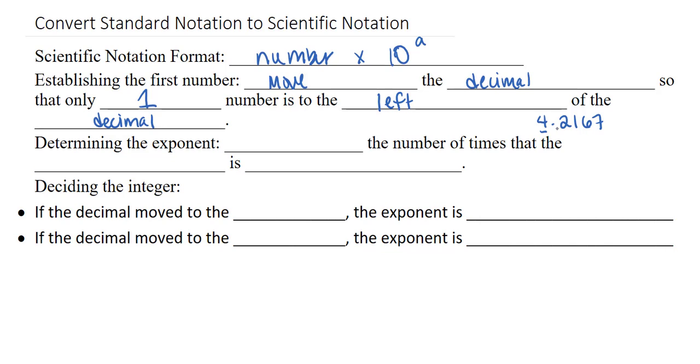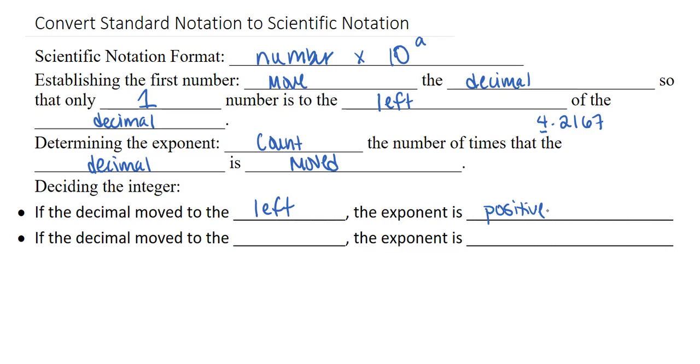And then we're going to be determining the exponent. What does that mean? Well, we're going to count the number of times that the decimal is moved. Now, to determine what the integer is, our a, if we move the decimal to the left, that means it's going to be a positive exponent, so positive a in this case.